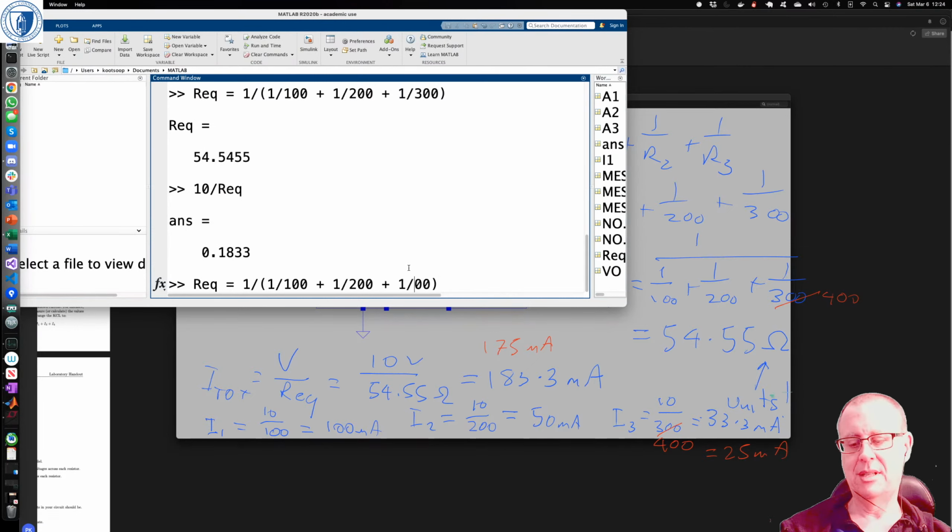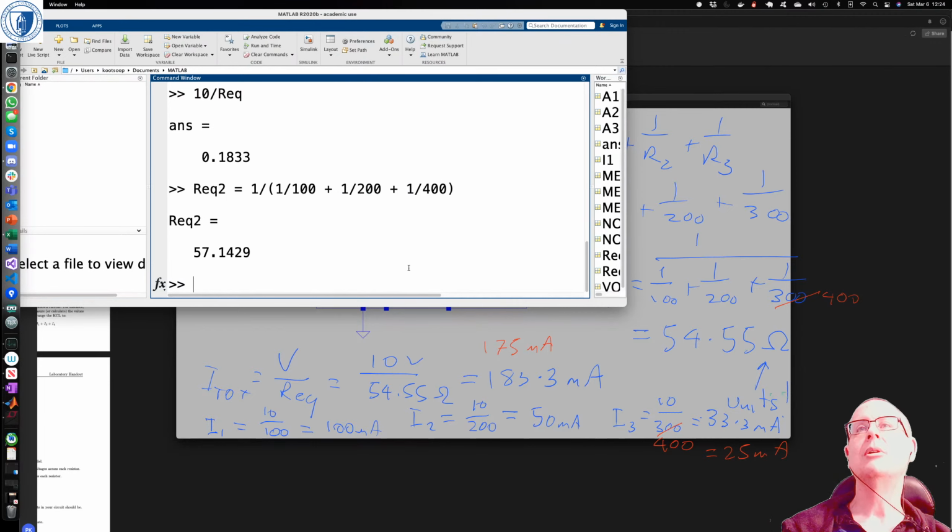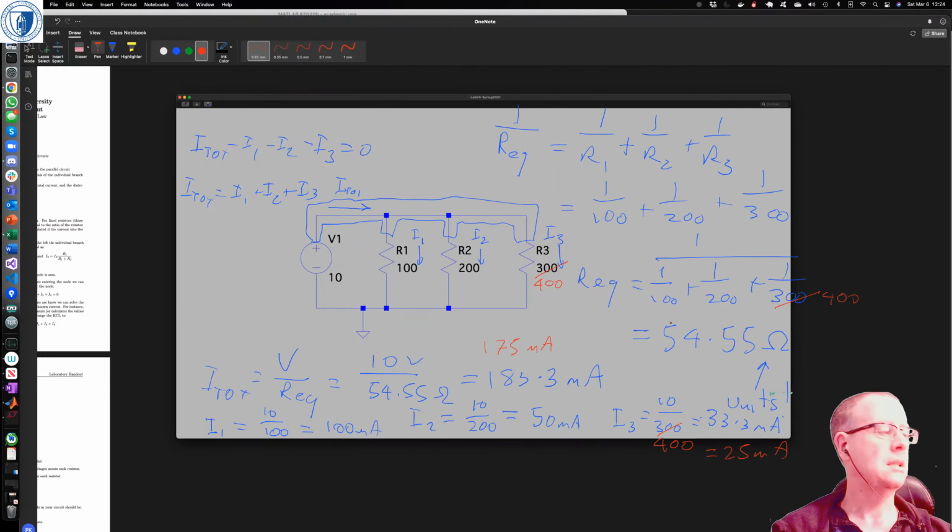Right, so we're changing that 300 to a 400, and we can do REQ2, so it's 57.14 for the second part. And the aim is to make sure that all of those numbers tally, that the ones you calculate that I've done here are the ones that LTspice shows up for you.